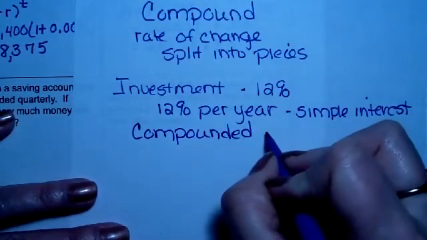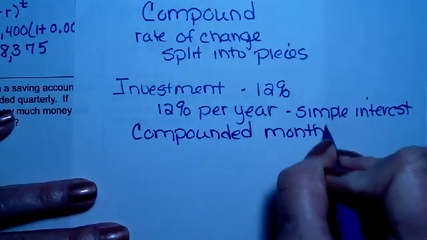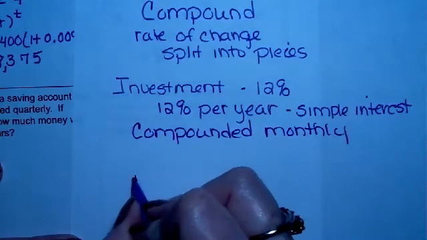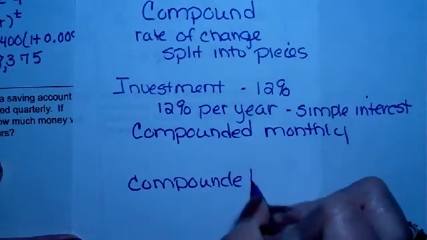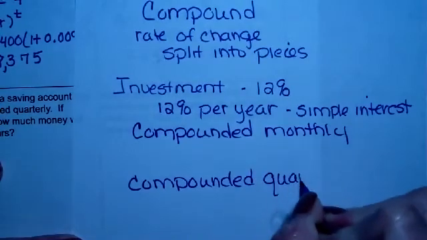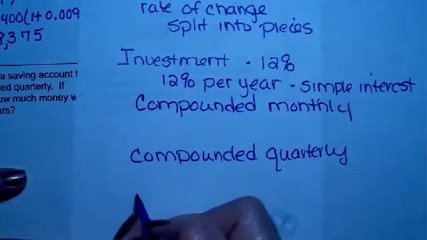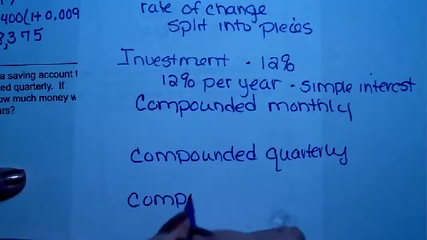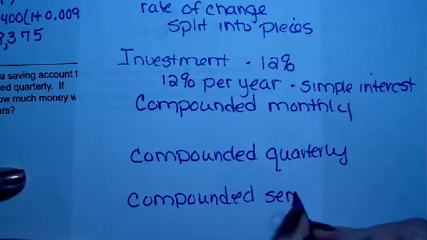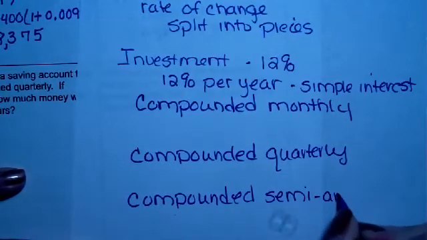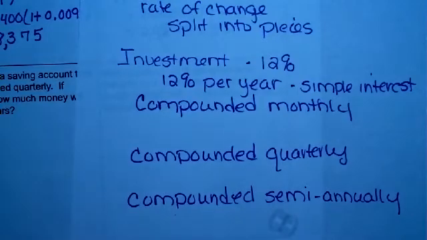We could say it's compounded monthly. We could say that it is compounded quarterly. Those are the most two popular, but sometimes they might say that it's compounded semi-annually. Now what do those three mean?